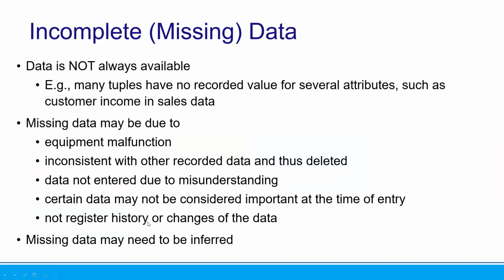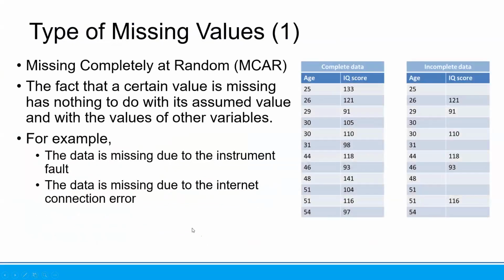Missing data may need to be inferred. Inferred means we need to check what is the factor of this missing data. So I would like to discuss three types of missing values. The first is missing completely at random.